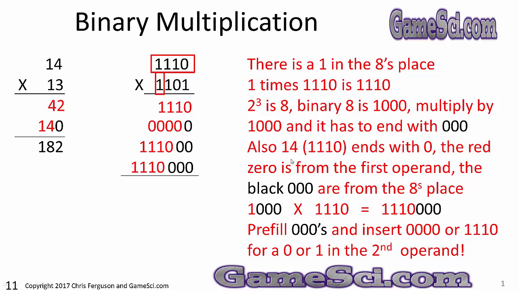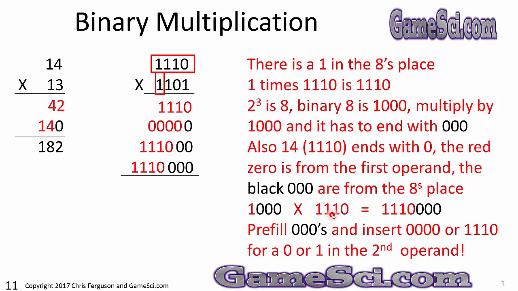Also, the 14 in decimal is binary 1110. It ends with a 0. The red 0 right there is from the top or first operand. The three black zeros are from the eighths place. We are multiplying 1 in the eighths place, so it has to end in three zeros.